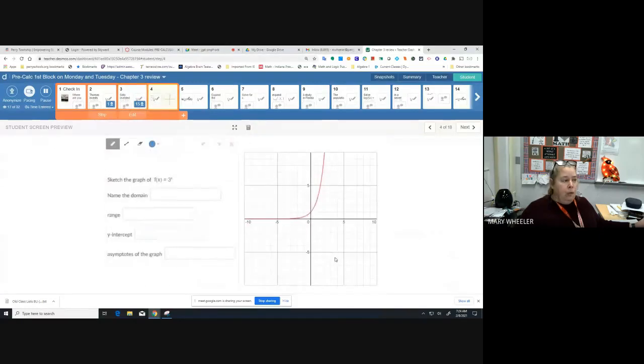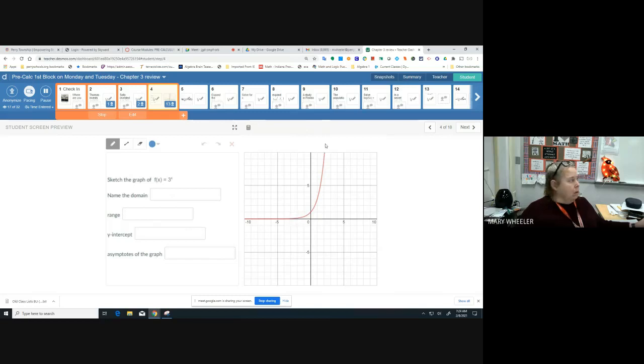All right, you are going to have one similar to this on the test. However, on the test, I don't give you the graph. You'll have to either graph it by hand, make a T-table, which I don't suggest. What I suggest is you just open a separate window of Desmos, type the equation in, okay? But sketch graph of f of x equals 3 to the x, which that makes sense.